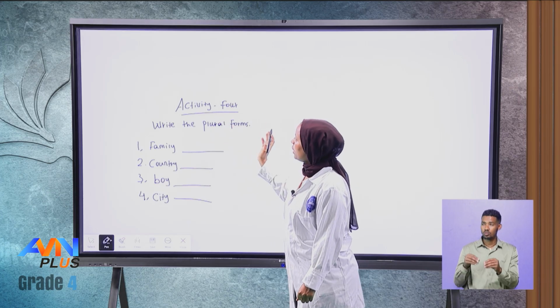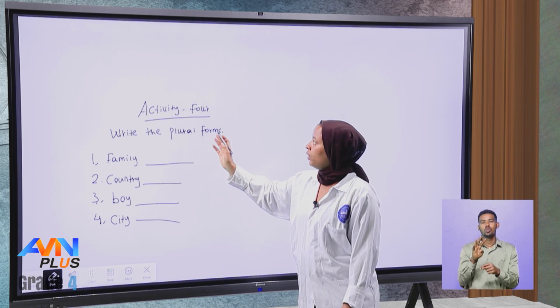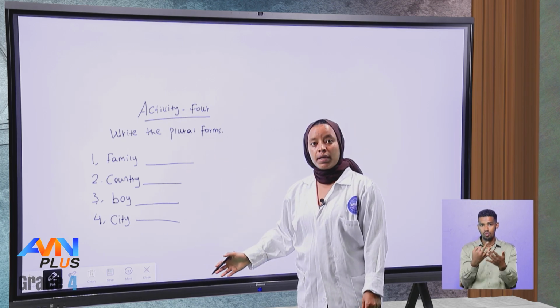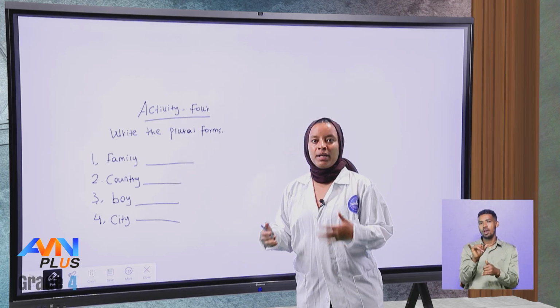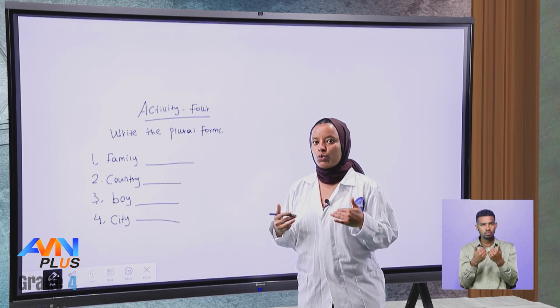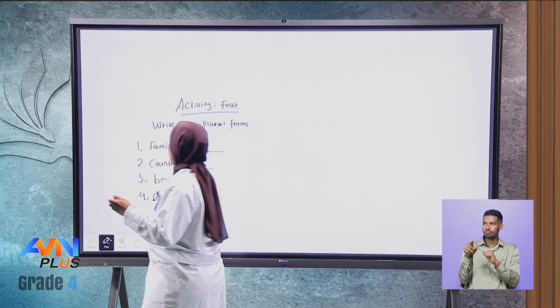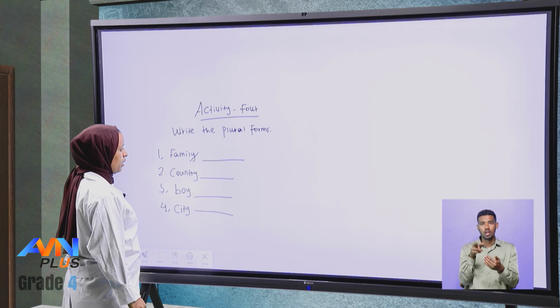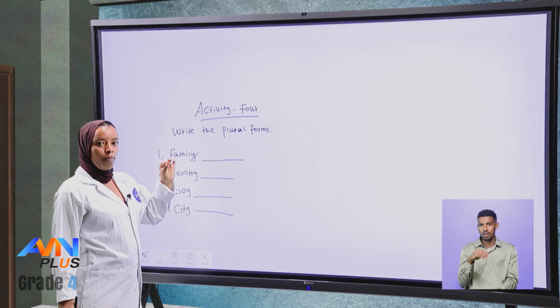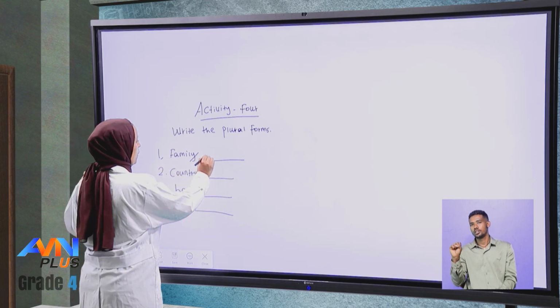Students, here is activity 4. Write the plural forms. These examples are all ending with what? Y. So let us see how we are going to change them. The first example, family. Easily cancel Y and add IES.